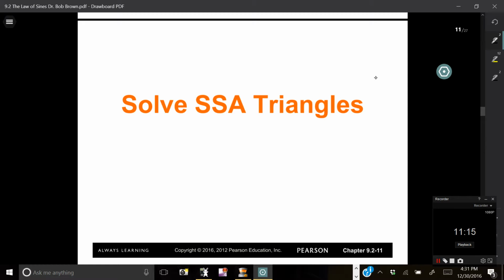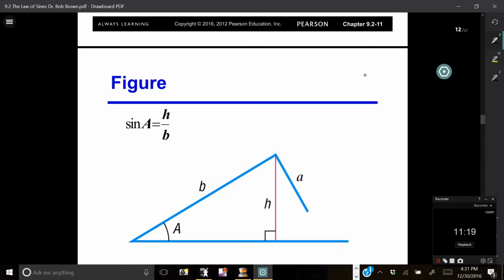Now let's look at solving a side-side-angle triangle. In this particular case, depending on what you're given on the sides and the angle, you may have no triangle, you may have one triangle, or you may have two triangles.